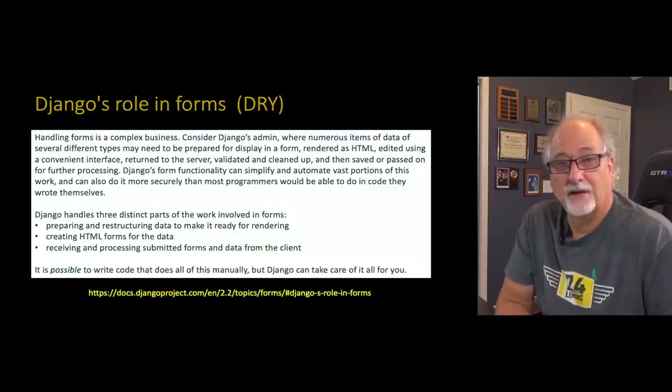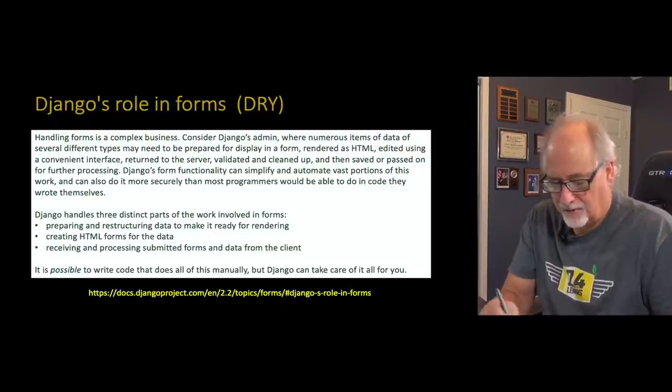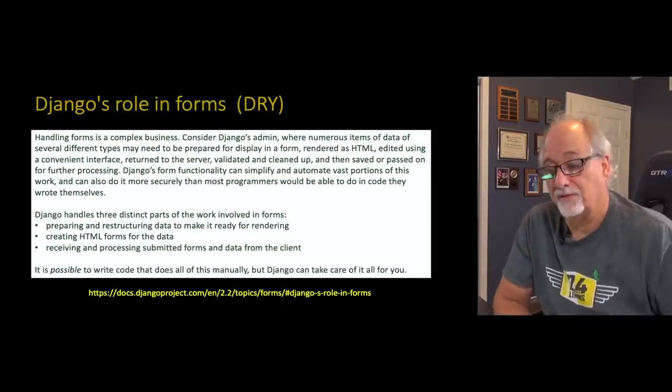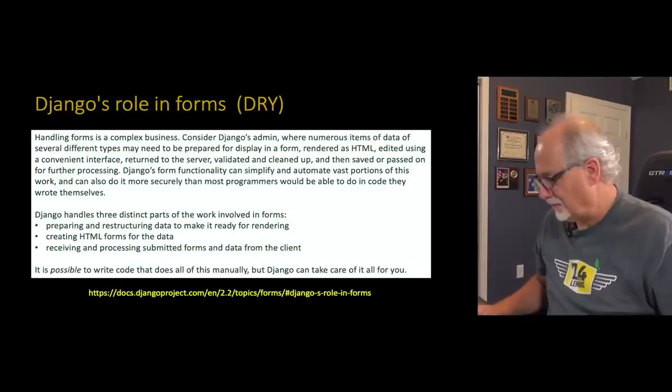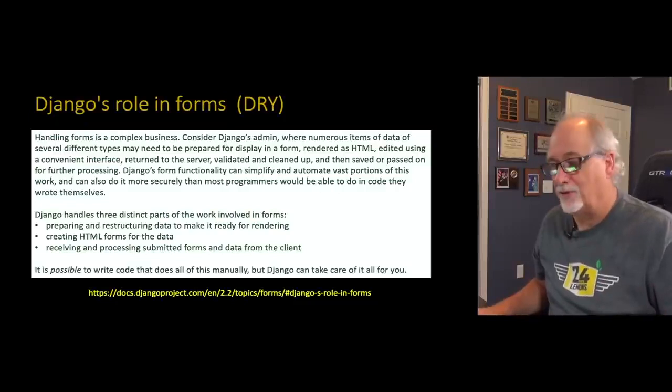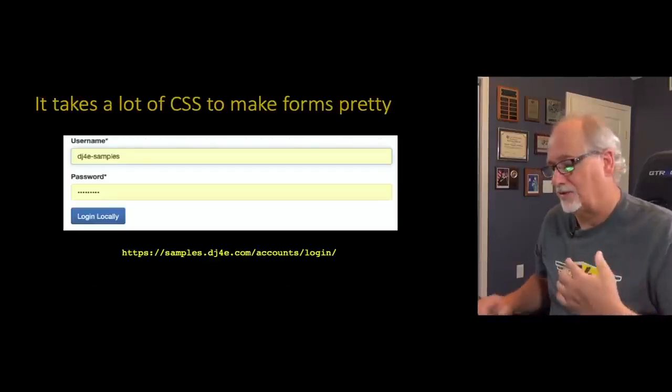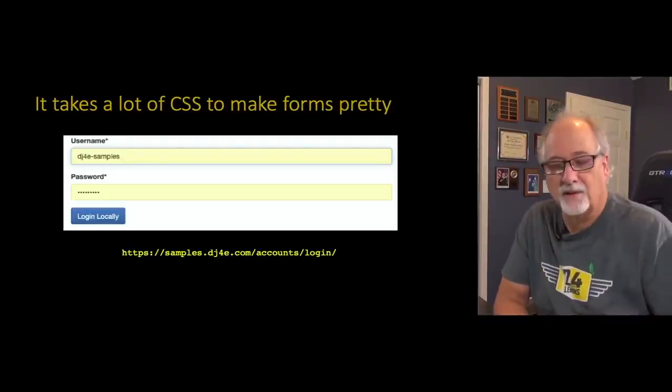There's a lot of just menial labor in working with forms, and if you really had to build all the HTML from scratch like I did in some of those earlier examples, it's just really painful. There's a lot of repeating yourself. We want to use object-oriented techniques and other techniques to not repeat ourselves.